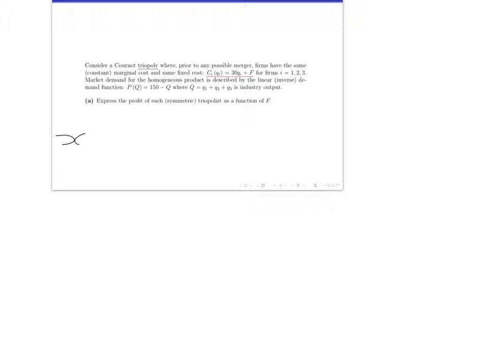All right, so we'll just do it for firm 1 and then use the old symmetry trick. If we multiply Q1 by this inverse demand function, it becomes Q1 times (150 minus Q1 minus Q2 minus Q3).